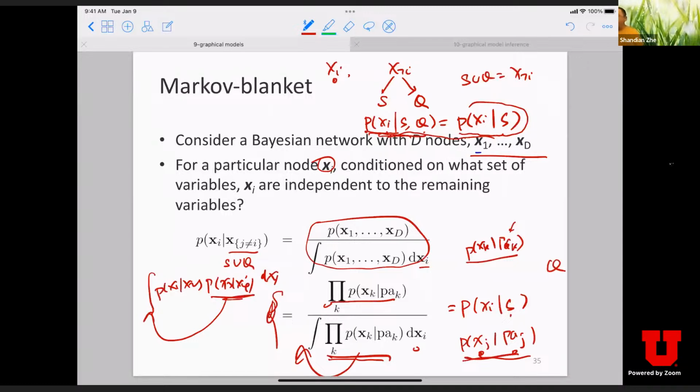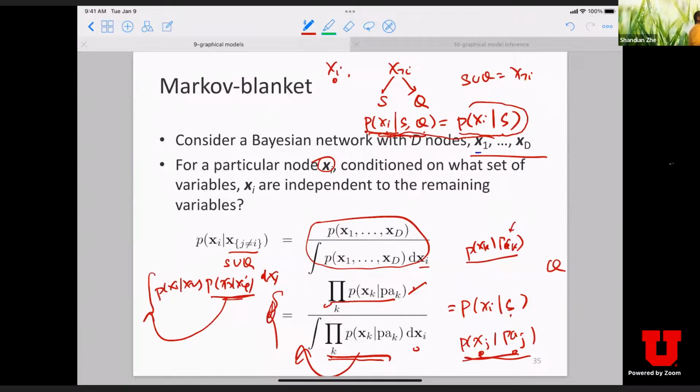So that means for all the conditional probabilities inside this product, if their target variable and conditional part do not contain xi, they're going to be canceled out.